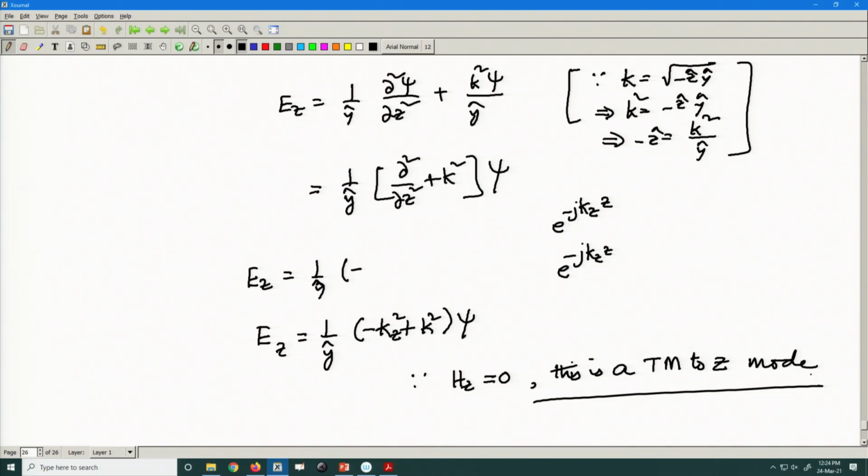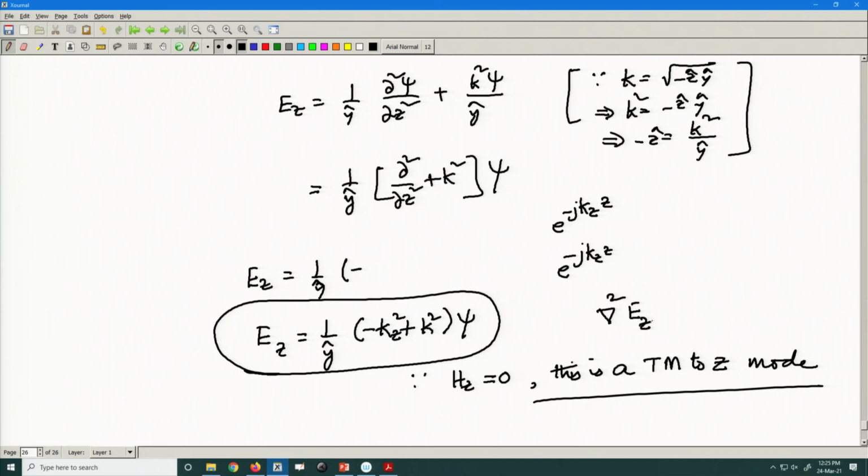It is also called an E mode, because this component of the electric field, being directly proportional to psi, will independently satisfy the source free wave equation. Psi satisfies the source free wave equation, so E z is also going to satisfy the source free wave equation.